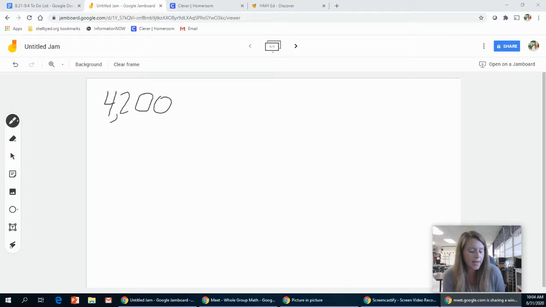And number 3, blank describes the value of a digit in a number based on the location of the digit. Which one of those do you think it is?